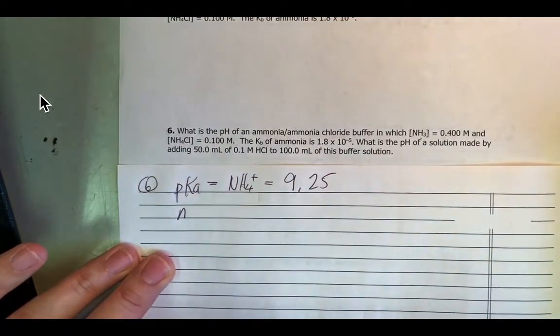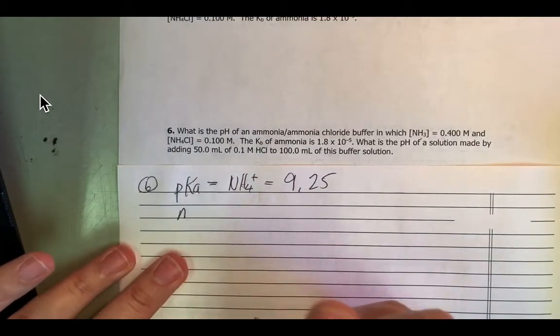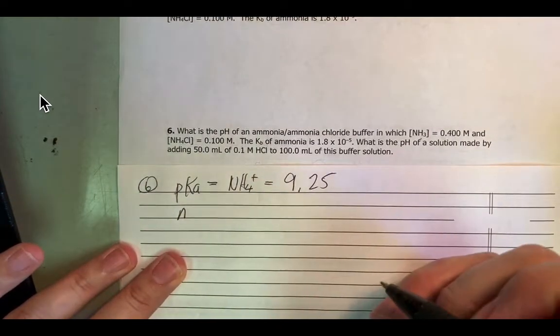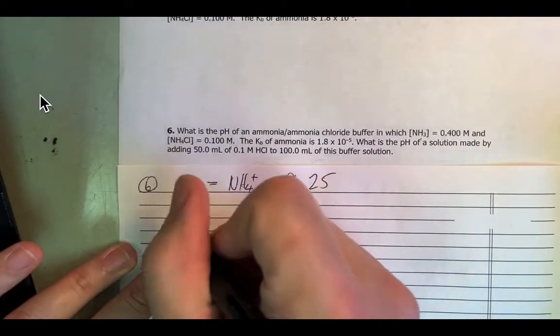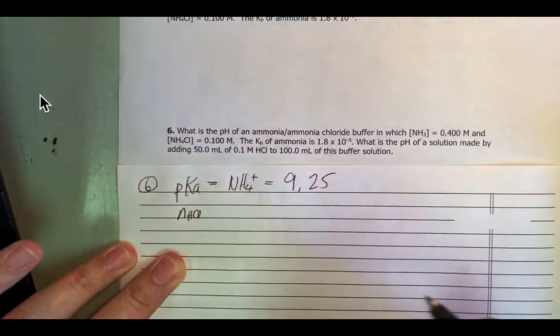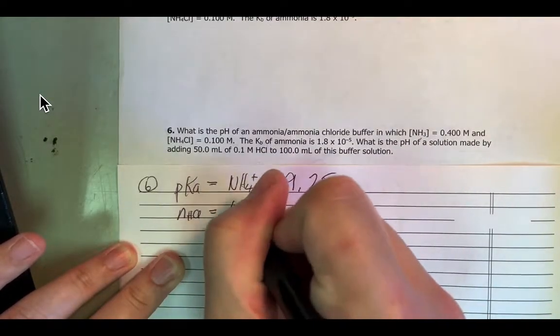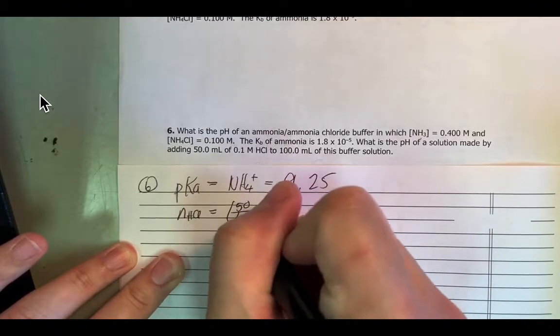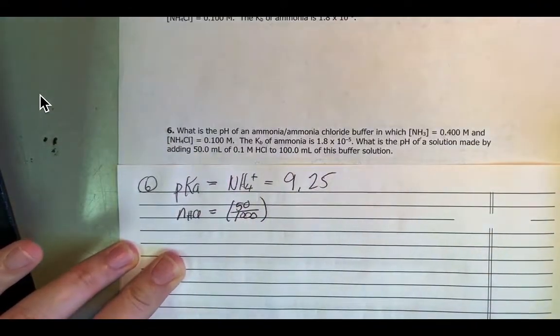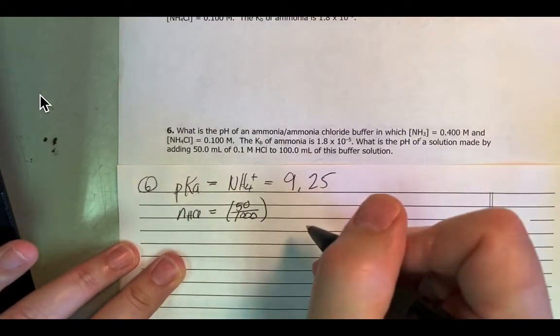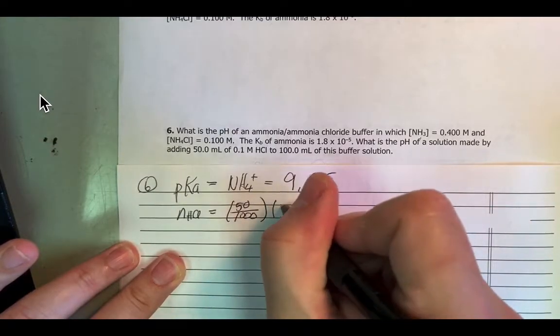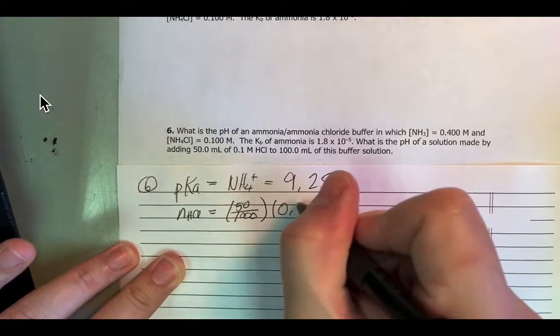So n being the number of moles, let's do HCl here first. See how much HCl we're adding. I'm adding 50 mLs. I'll go ahead and divide 50 by 1,000 to convert that into liters. Okay, 50 mLs becomes 0.05 liters of solution, and multiply that by my concentration.